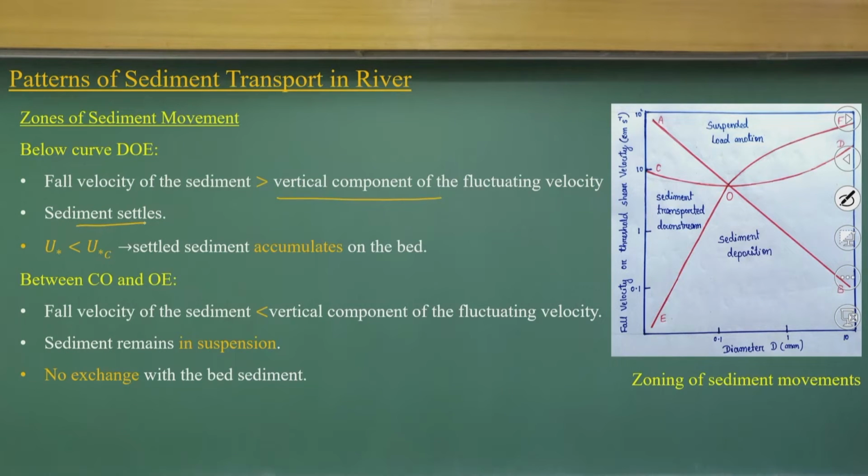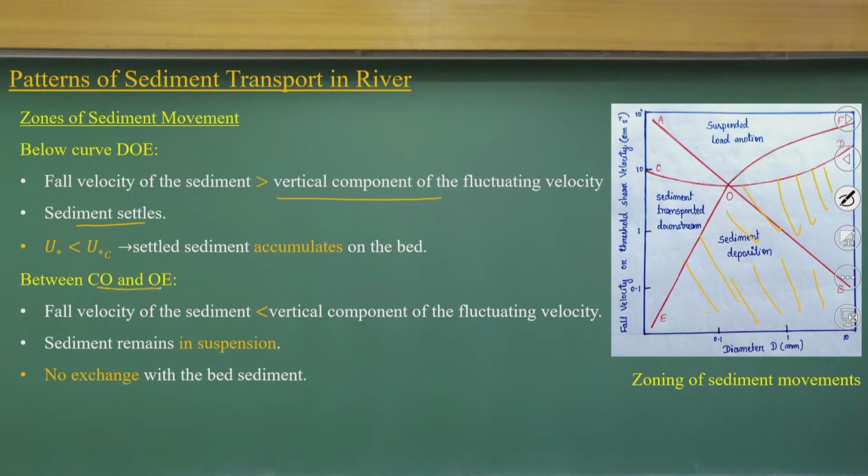That is the reason sediment tries to deposit. So, this is the sediment deposition region, where the fall velocity is higher than the fluctuation velocity component.